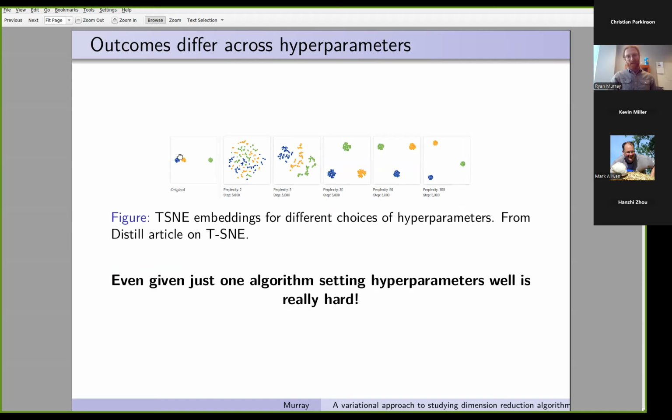Where they have 3 clusters distributed in a kind of an uneven way. And then they run tSNE for different choices of a particular hyperparameter. So this is one algorithm with different choices of hyperparameter. And then we have different panes which represent the outputs after this optimization runs to try to find kind of the best embedding according to some notion of preserving structure.